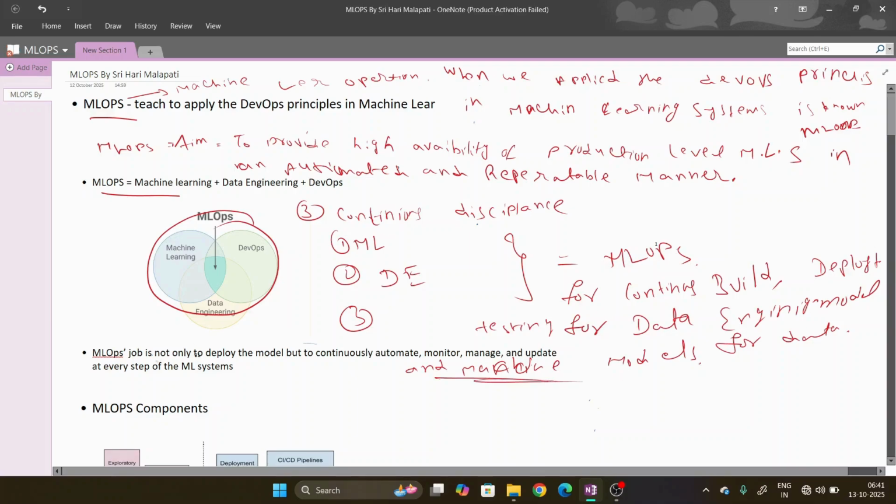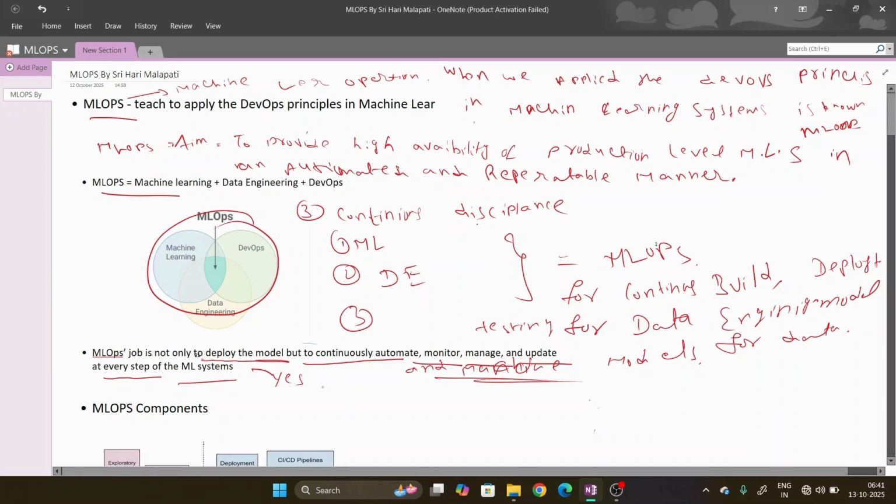And also, the MLOps job is not only to deploy the models but also to continuously automate, monitor, manage, and update every step of ML systems. Is this important? Yes. Why?